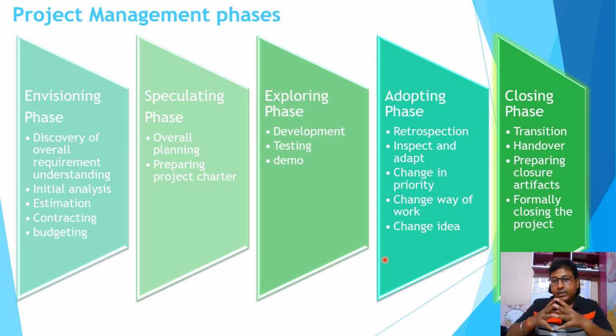And you need to create the proper closure artifacts so that those can be referred to during the maintenance period of the project, or by the users. Those project closer checklist items should be created as part of your project starter itself. And once you are done with all those checklist items, then you are eligible to formally close the project, and you can get into a different project.